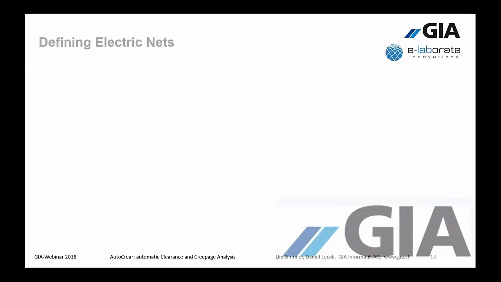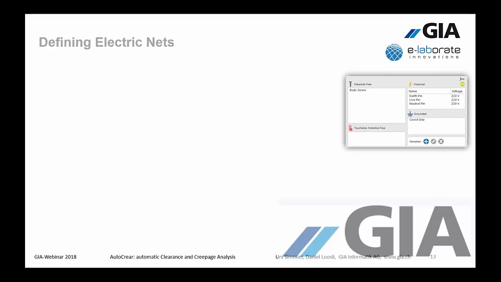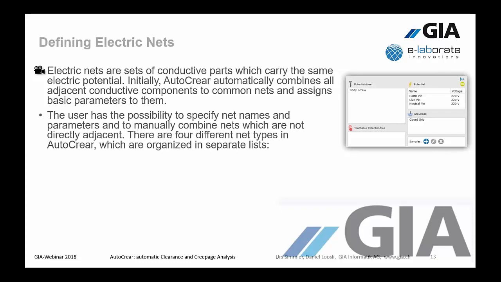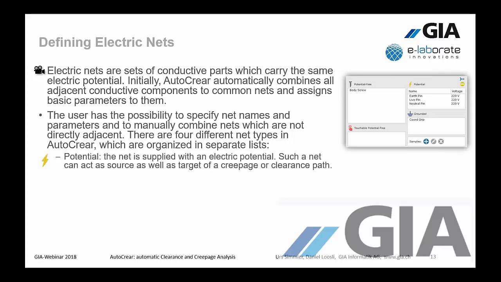Okay, when you define this metadata, then you have to build the electrical nets, that can be done automatically by joining those nets which are touching. And in the end, you also can go in and say, okay, these nets have a specific potential here.